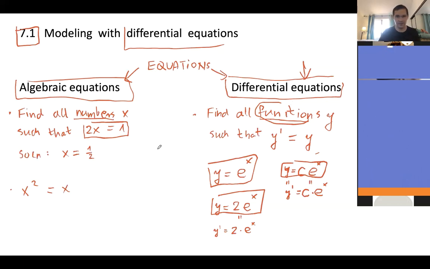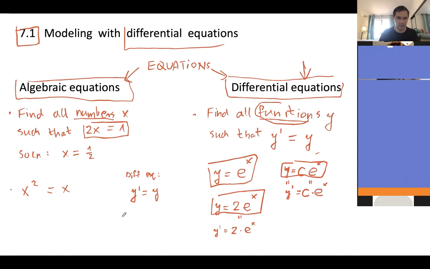Okay, so an example of a differential equation is this one: y prime equals y. And what this differential equation says is that I want to find all functions with the property that the function and its derivative are exactly the same thing.